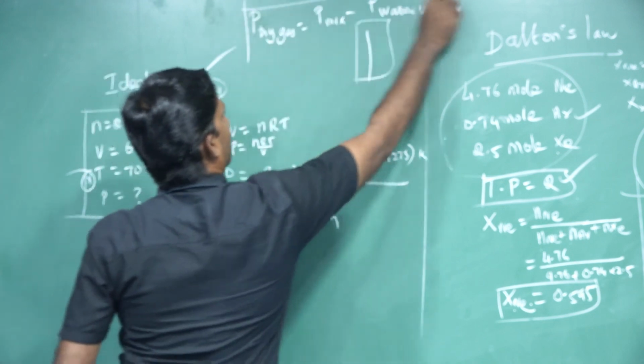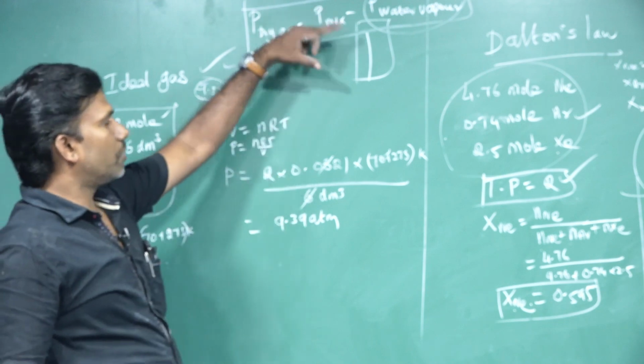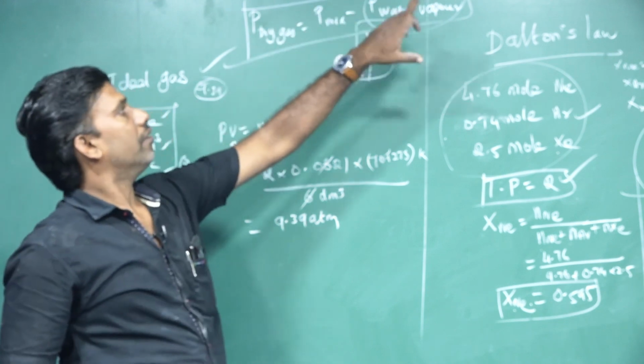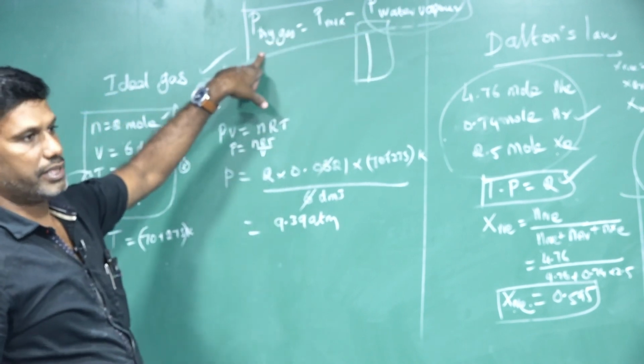This is nothing but the aqueous tension. Okay. So total pressure minus water vapor. You need to subtract the water vapor to get the pressure of the dry gas.